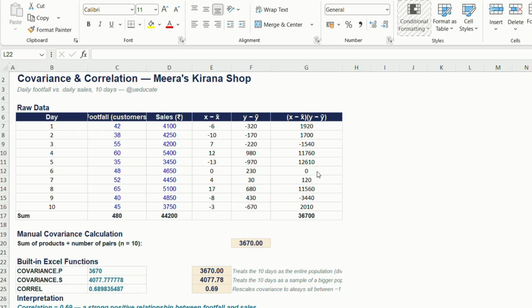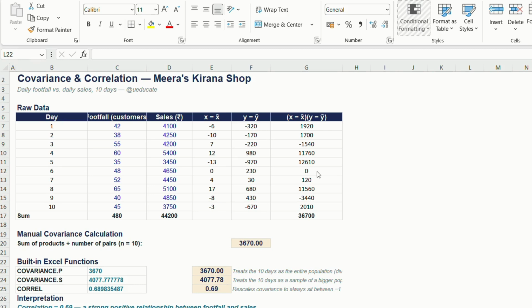In the workbook, we have this raw data of Mira's kirana shop. We pull up 10 days of data from Mira's shop diary, daily customer count and daily sales. Now we will find the average customer count for those 10 days and the average sale. And for each day, was the footfall above or below average?